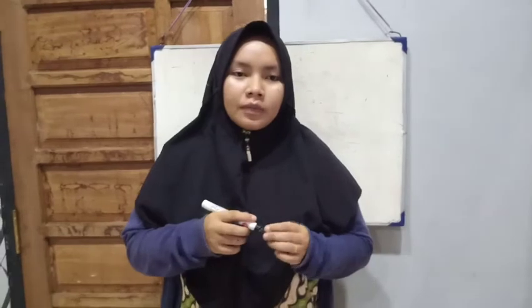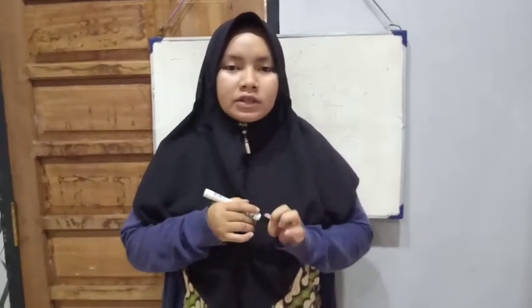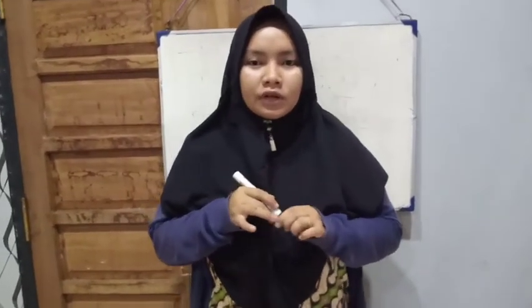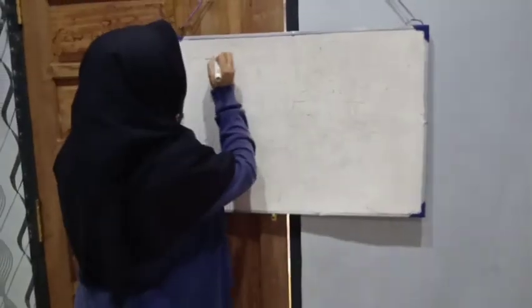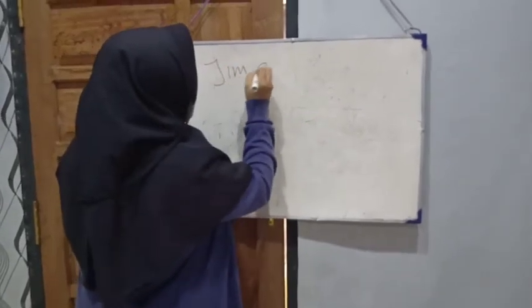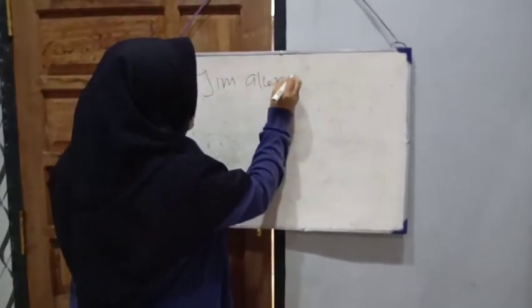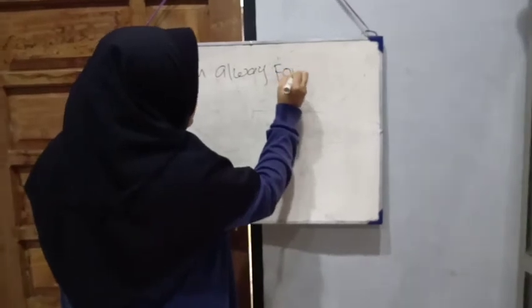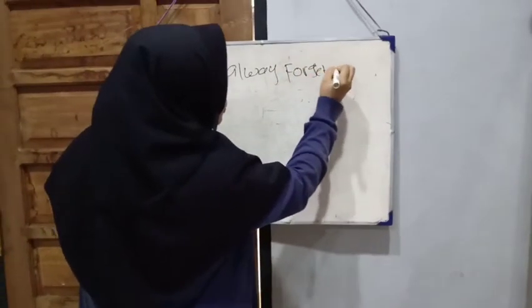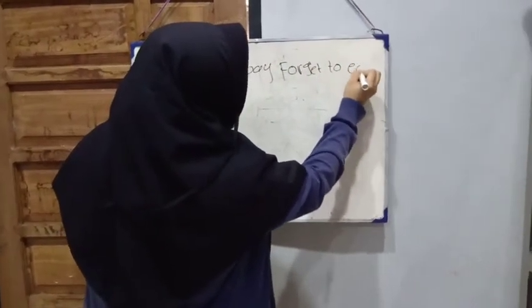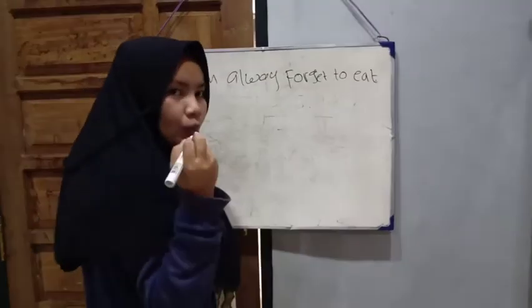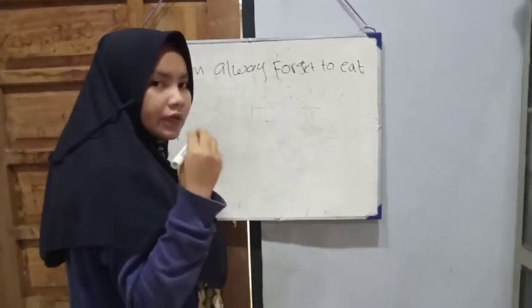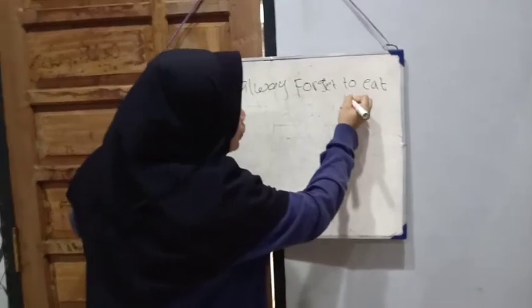An infinitive can be used as an object following the verb. For example, James always forgets to eat, and we underline to eat.